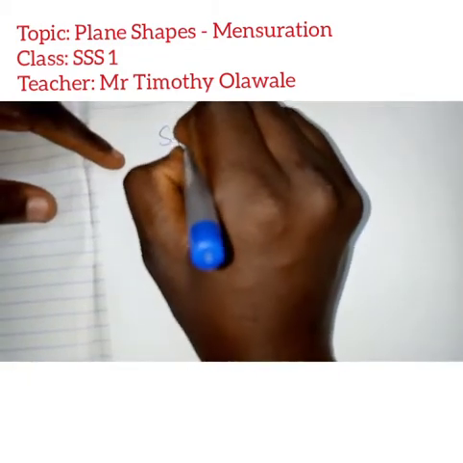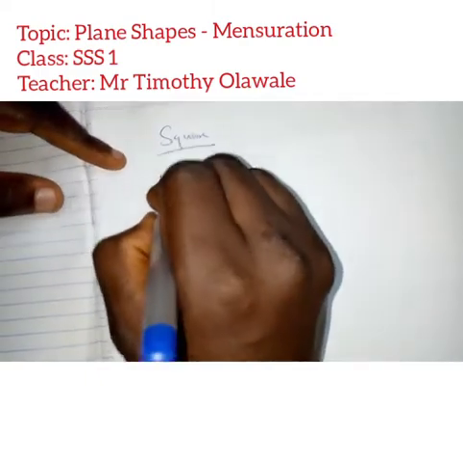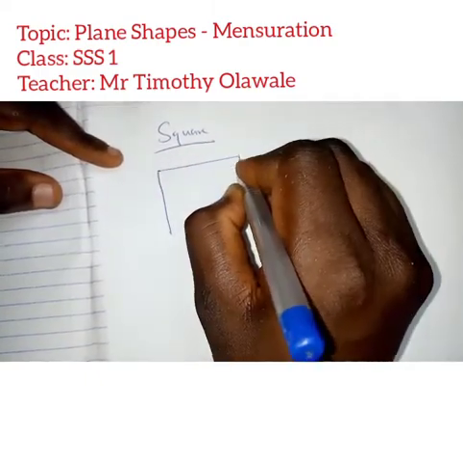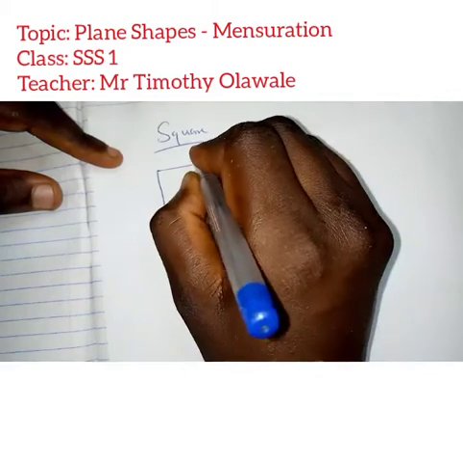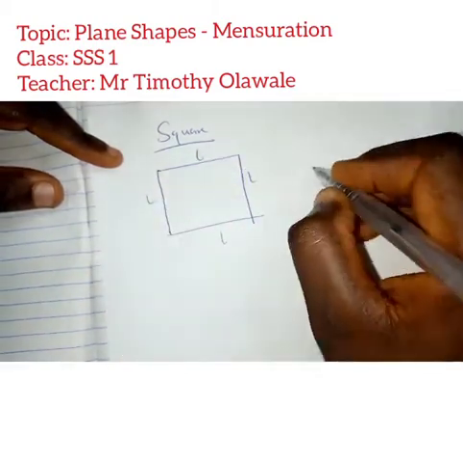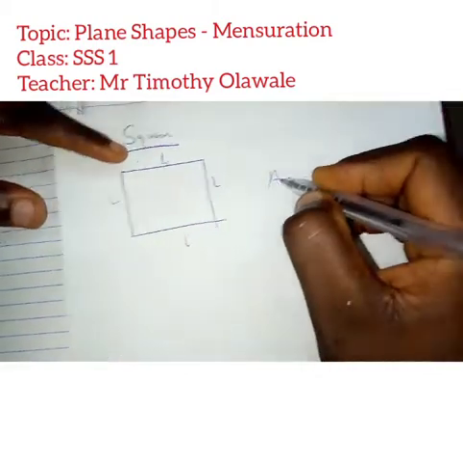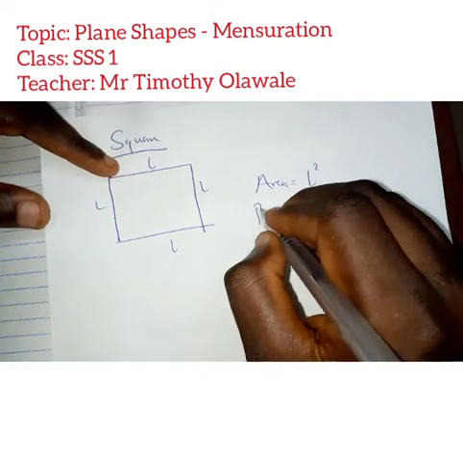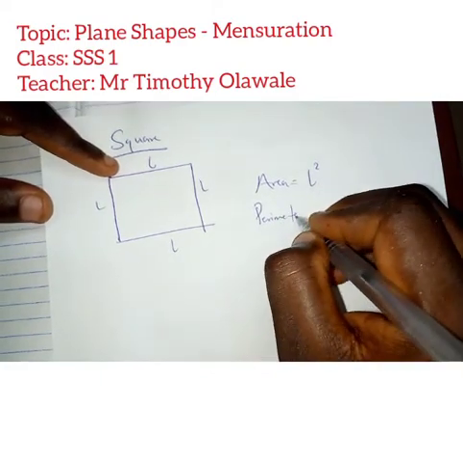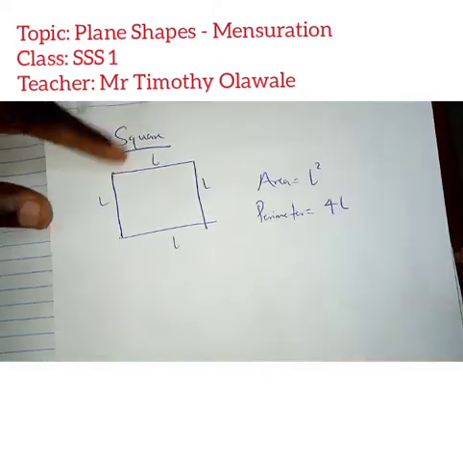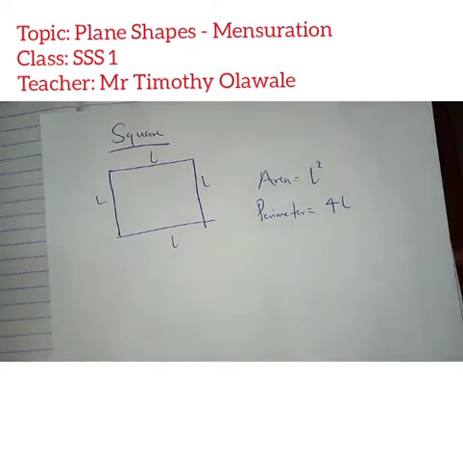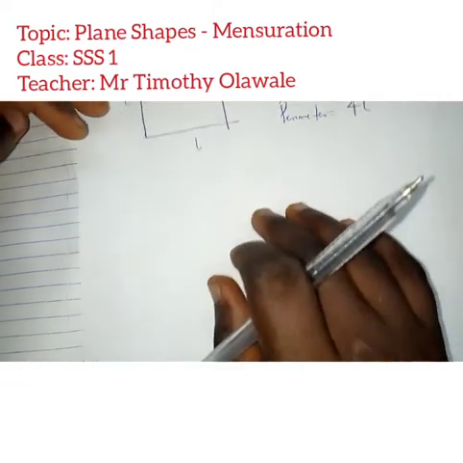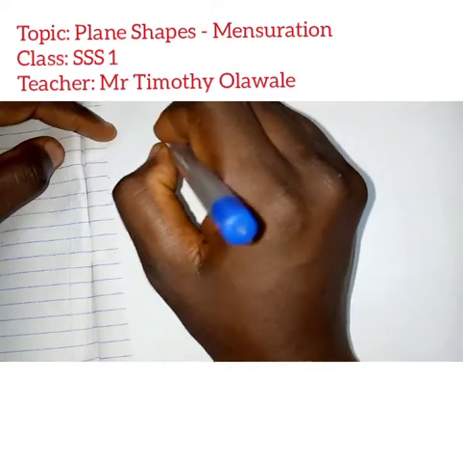Square. We have a square having all sides equal. We have L. Area of a square is L squared. The perimeter of a square, that's the distance around, will be 4L. That's as simple as that. Now we have a rectangle.